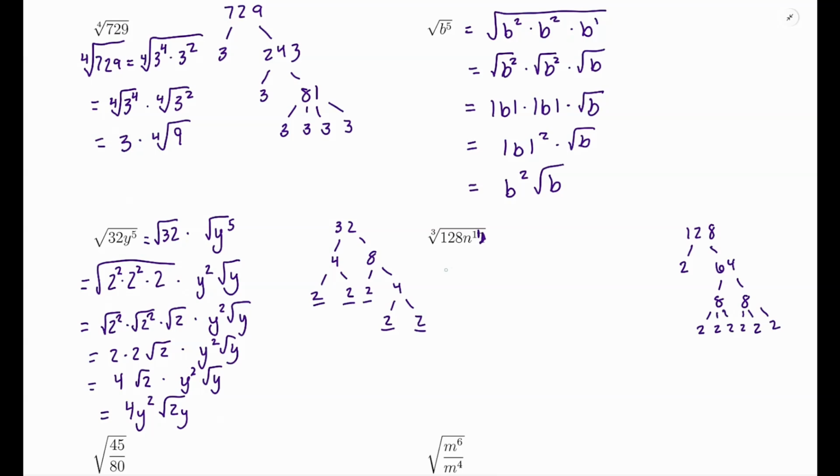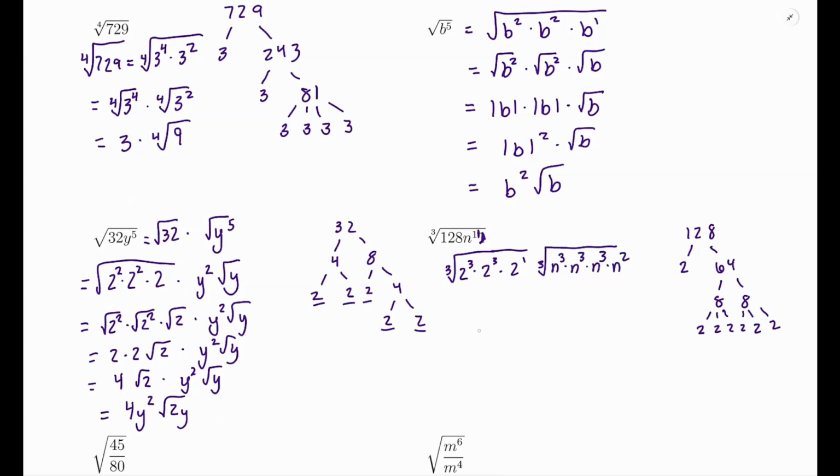So then this becomes the cubed root of, and because it's cubed, I'm going to group them in threes. So we get 1, 2, 3, so 2 cubed. 1, 2, 3, 2 cubed. And then 1. N to the 11th, well, groups of 3 would be n cubed, 6, 9, and then 11.